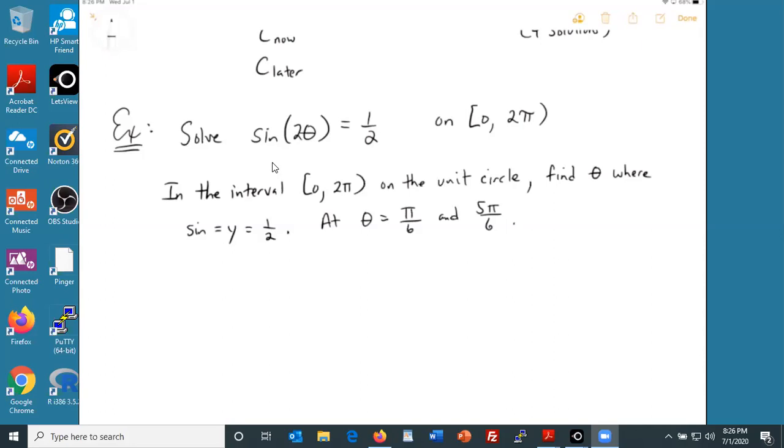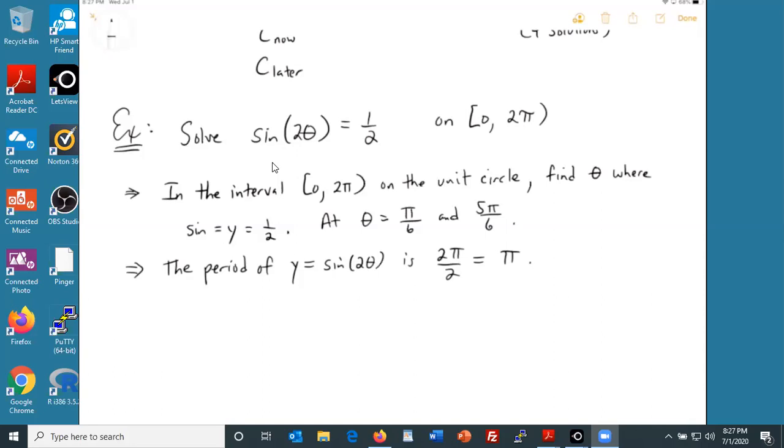So now what do we do with this? That's the first step. Here's the second step. Now we have to talk about the period. The period of y equals sine of 2 theta is, remember, 2 pi divided by 2, which is pi. So what does that mean?